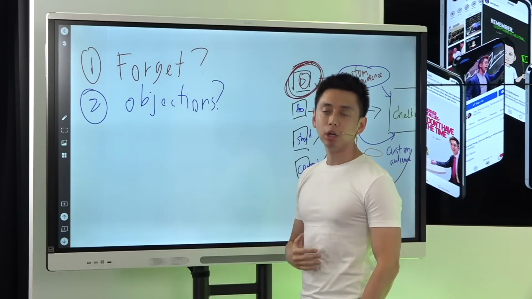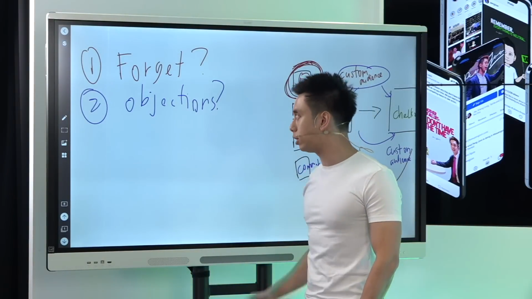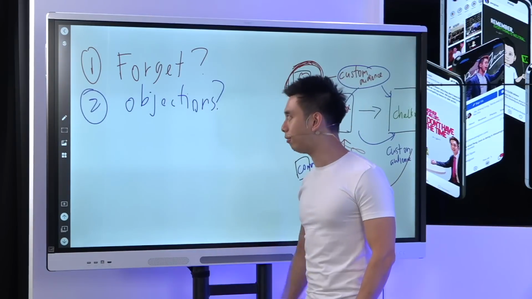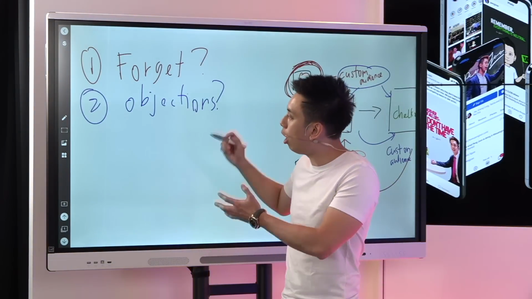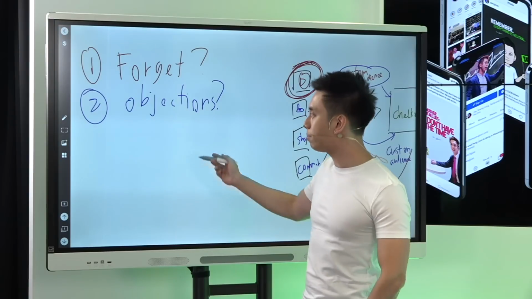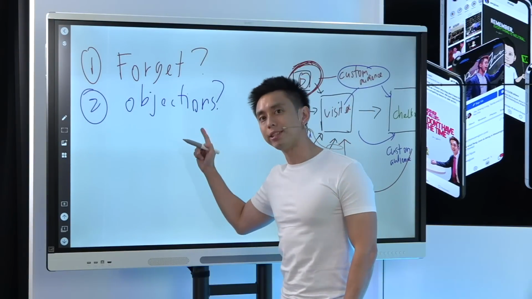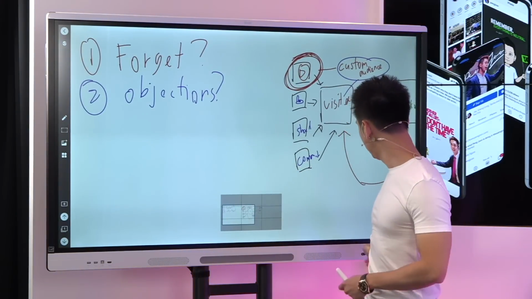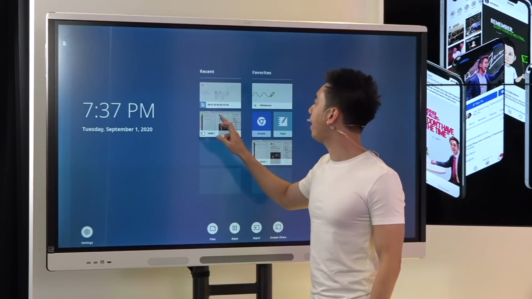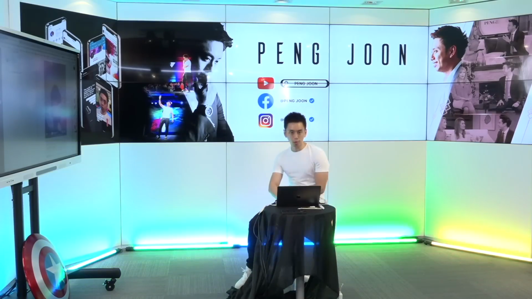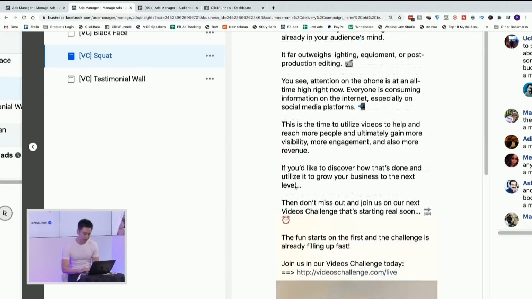Oh, but I'm too young to do this, but I'm too old to do this, but I don't have the capital to do this, but I'm not good looking enough, but I'm not pretty enough, but whatever, right? What are their objections that they might have? But I don't have the fancy gear, but I'm shy, but I'm introverted. Address that and then send them back to the page again, which is literally what I did over here, right? So over here, what I did is I've got this video over here.